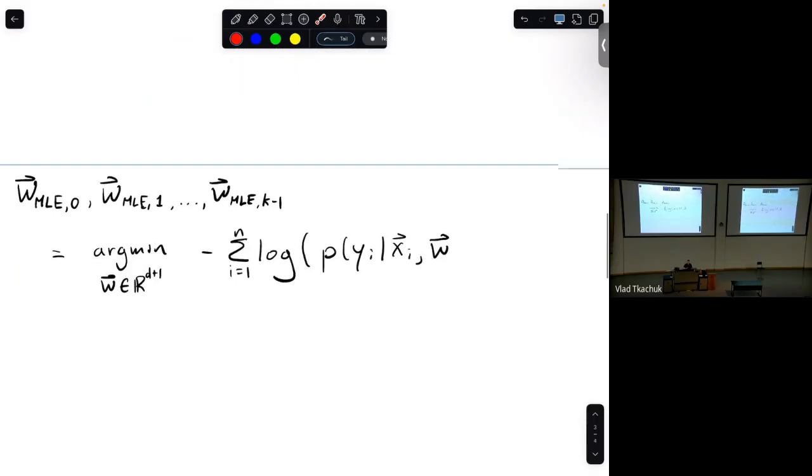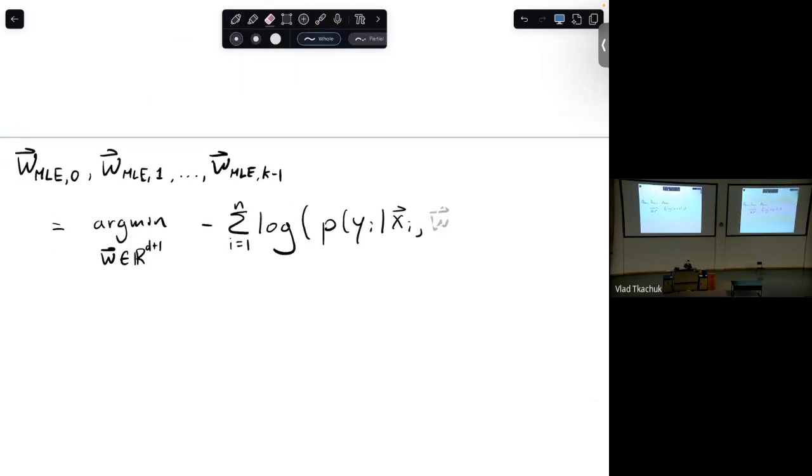So now this is no longer going to be like this. Instead of just the W here, you're going to have W0 up to W_{k-1}. And so you're going to minimize over not just one W, but W0 up to W_{k-1}. And each one of them is in R^(d+1). This notation is not saying that the whole sequence is in R^(d+1). It's saying that each one is in R^(d+1).